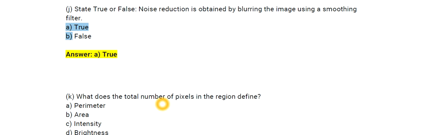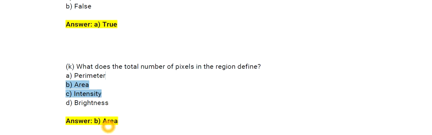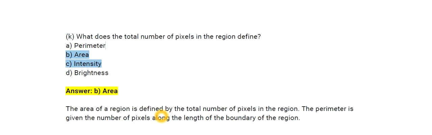The next question, what does the total number of pixels in the region define? Total number of pixels in a region, obviously, that is our area. So the answer will be option B. The area of a region is defined by the total number of pixels in the region, and the perimeter is given by the number of pixels along the length of the boundary of the region.